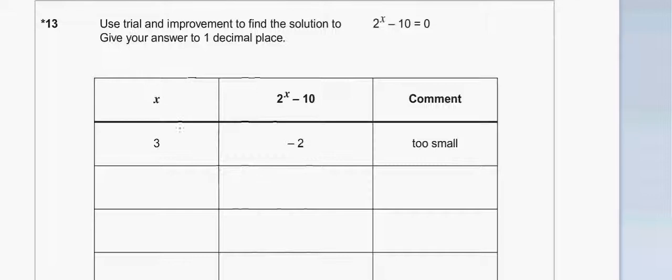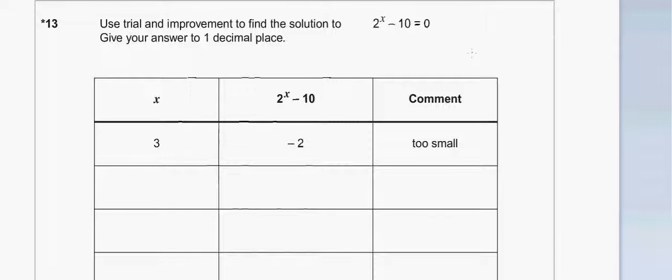Okay, so question 13. Use trial and improvement to find the solution to 2 to the power of x minus 10 equals 0. Give your answer to 1 decimal place. Now, the x is the power.